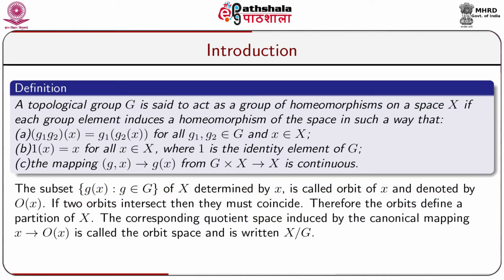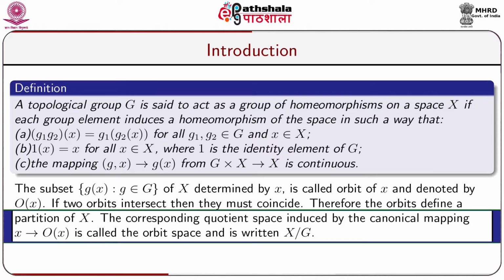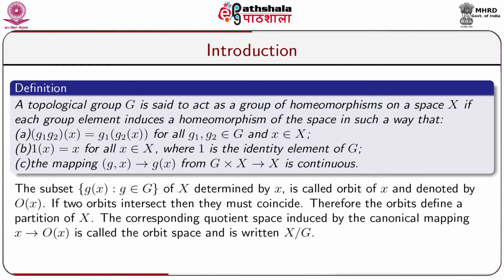That means orbits give a partition of the topological space X. So we get a natural projection mapping p from X to the set of all orbits, defined by p(x) = O(x). Then this projection map gives a topology on the set of orbits. With this topology, the set of orbits is called the orbit space.